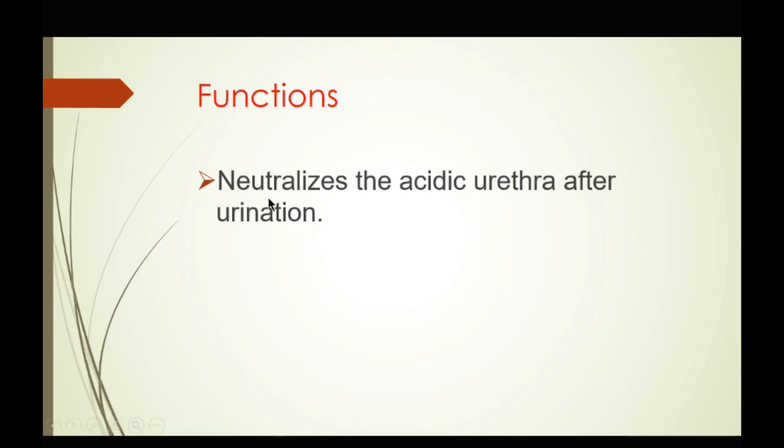First function, it neutralizes the acidic urethra after urination. Suppose this is the urethra, and this is the urine passing through it. Urination takes place, and after this urination the passage of the urethra becomes acidic, and this acidic passage must be neutralized.